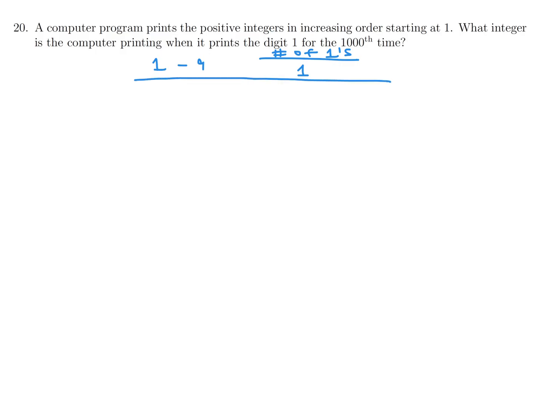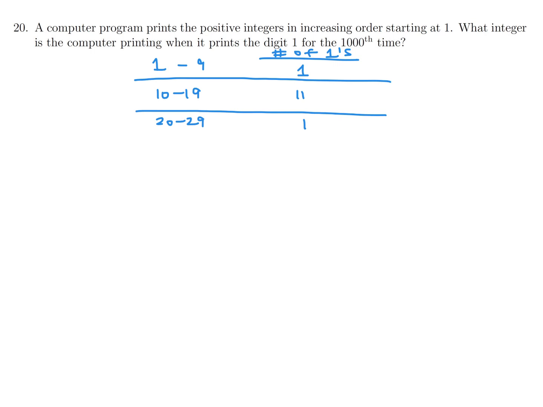Then if we print the integers 10 to 19, you will get 10, but for the number 11, you'll get it twice, so you get a total of 11 ones. 20 to 29, you will get only 1.